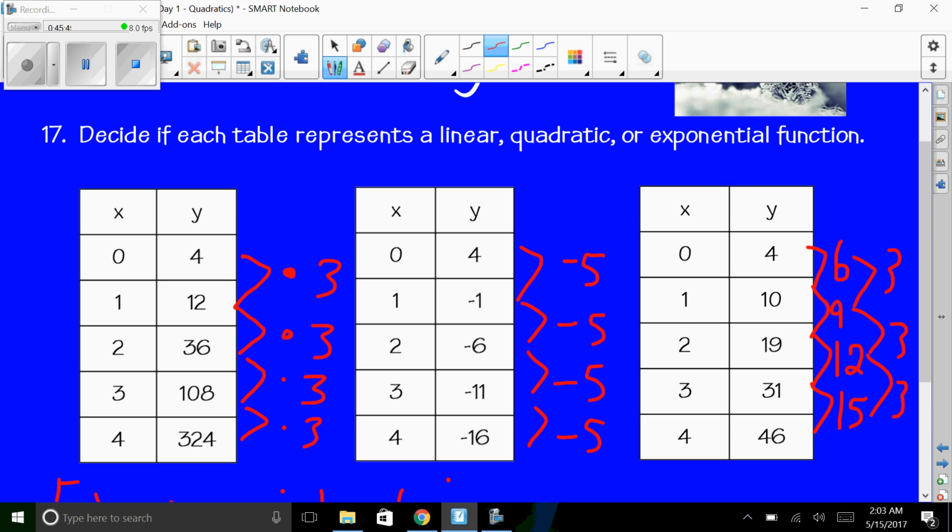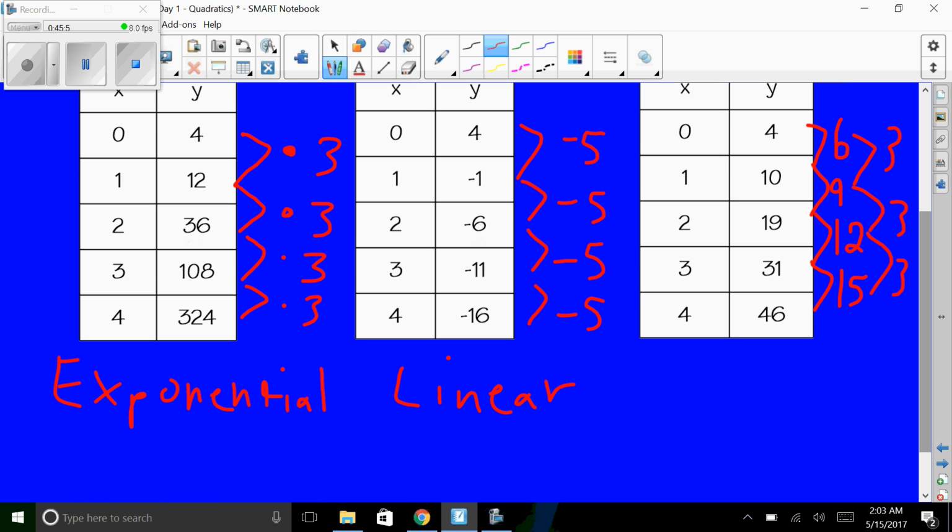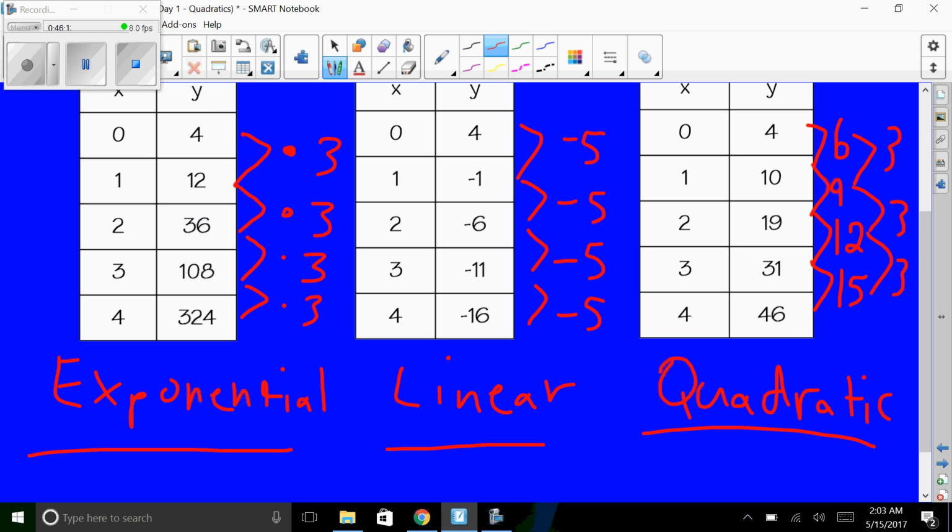Alright, if you do the subtraction or addition twice and then you get all the same numbers, then you can say it's quadratic. So again, if you're multiplying by the same number, it's exponential. Adding or subtracting by the same number, it's linear. And then if you do this operation twice and the second set's the same number, again, addition or subtraction, then it's quadratic.